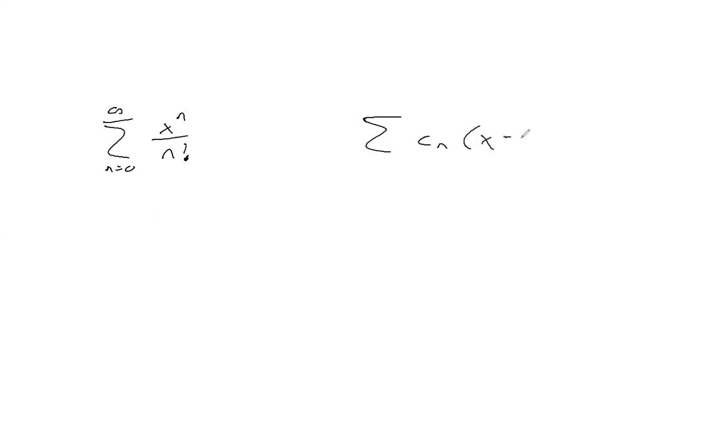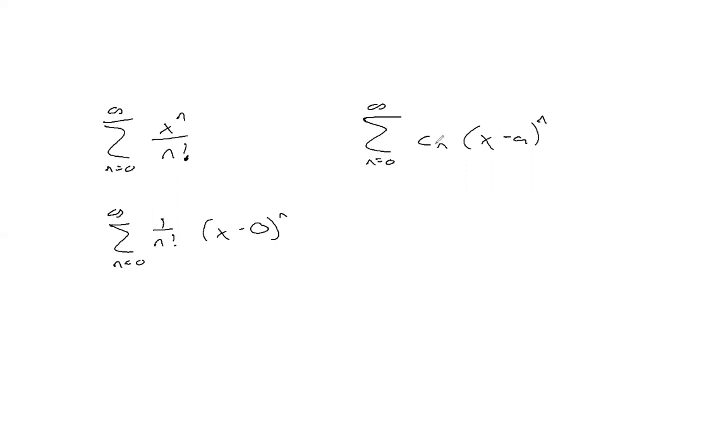Does this match up with my general formula? Maybe to make it a bit more clear, I could write it like this. These two things are the same, right? Top and bottom are the same.